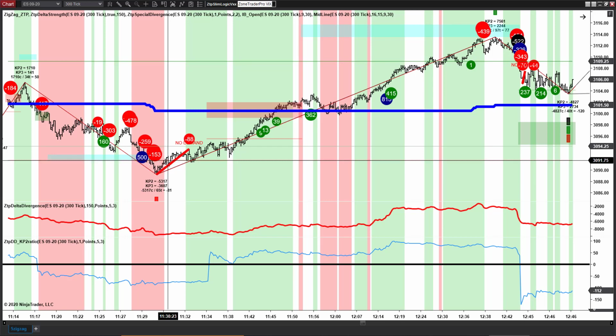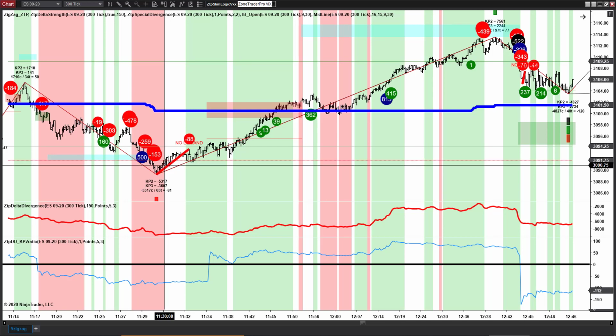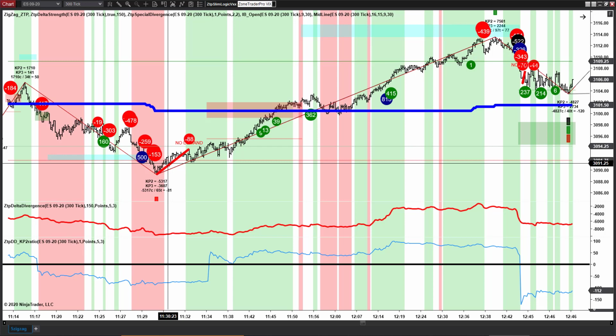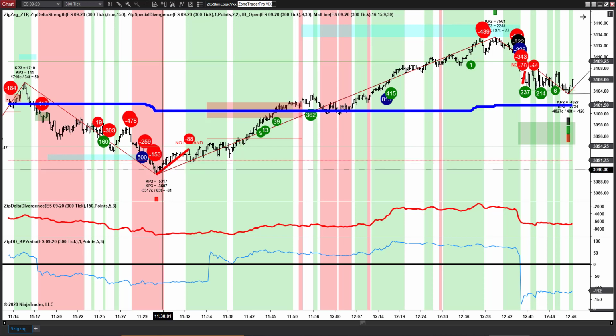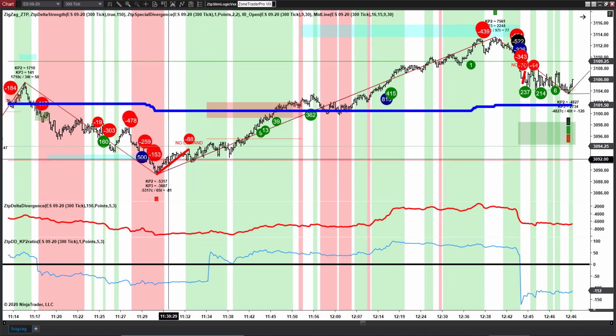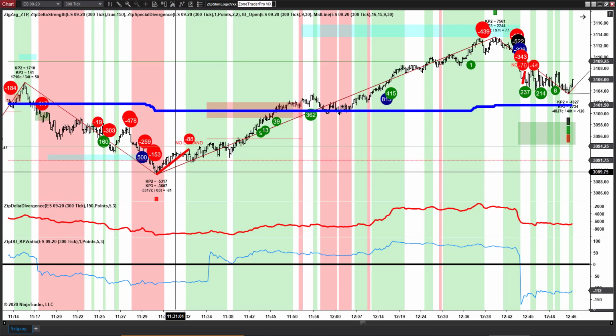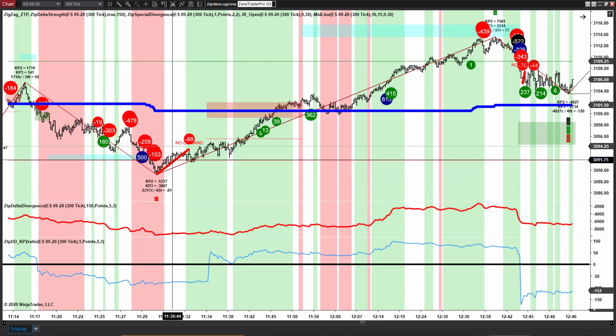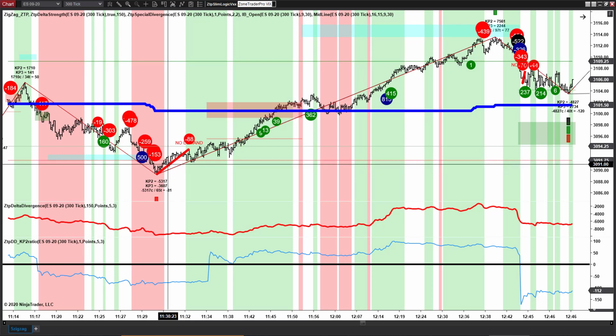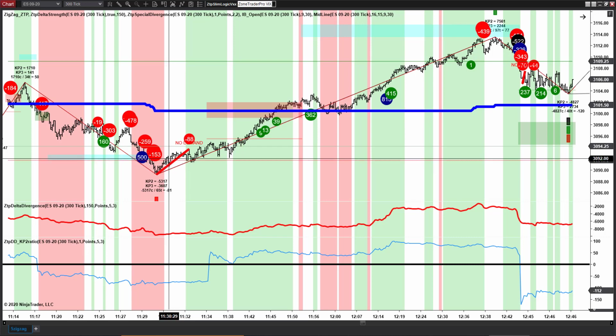We'd initially be looking to get in the trade when it transitions from red to white, because the white area is where there's a disagreement among the signals in BloodHound. We actually have one of our signals giving us a buy signal here, but because they're not both giving us a buy signal, we have this white area.